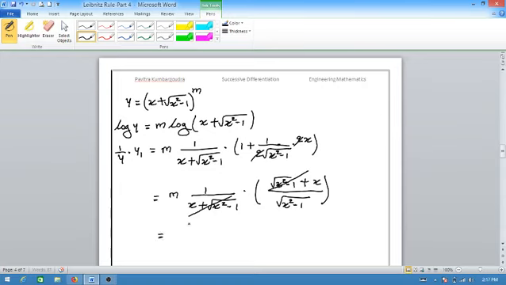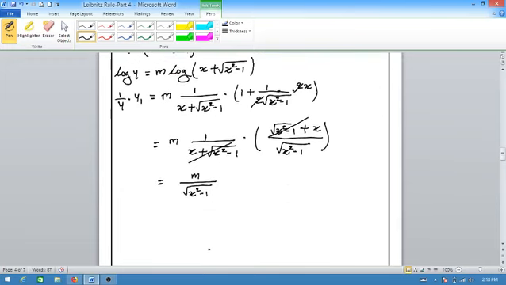So that is equal to m divided by root of x square minus 1. Right. So you can take y also that side. Therefore y1 is equal to my divided by root of x square minus 1. So you take this as the first equation.